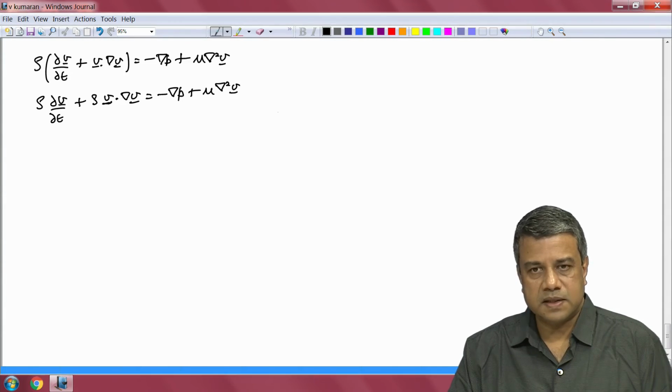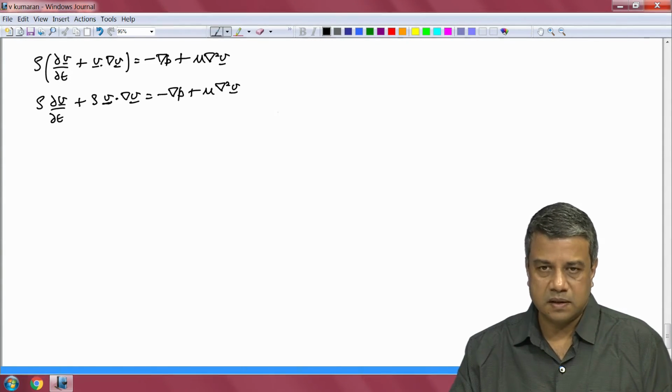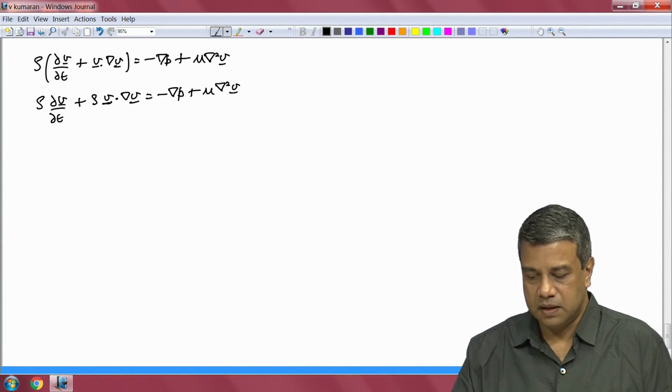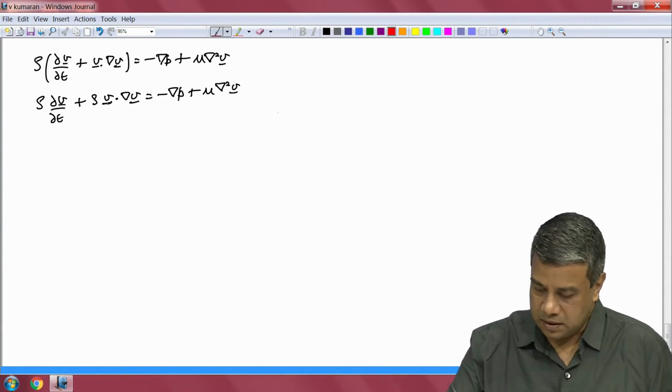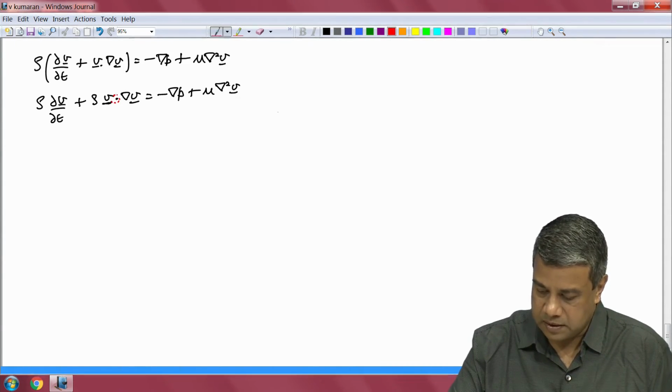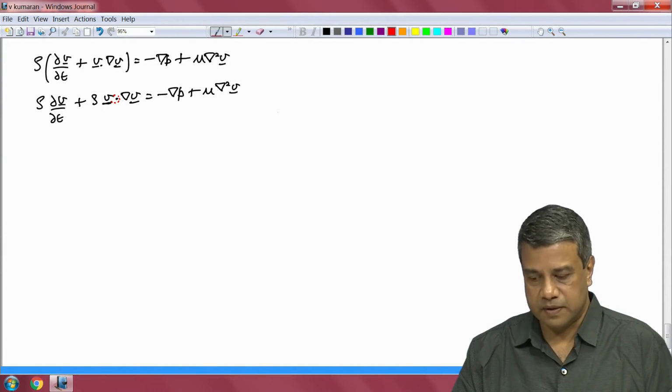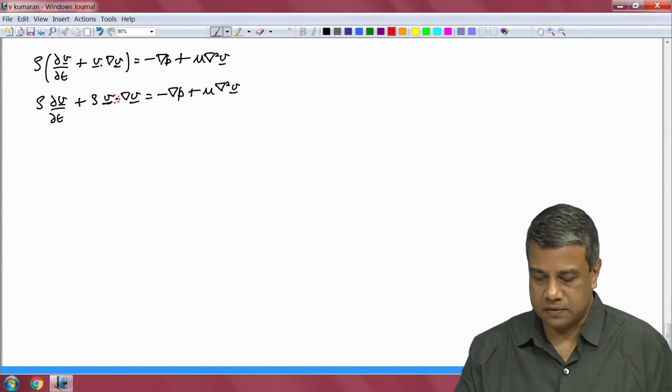Now that I have expressed it as a sum of various terms, all of those terms have to have the same dimension. This dot product and the cross product are vector products, they do not have any dimension, they are dimensionless. All other terms have dimensions. So, let us examine the dimension of each of those terms.